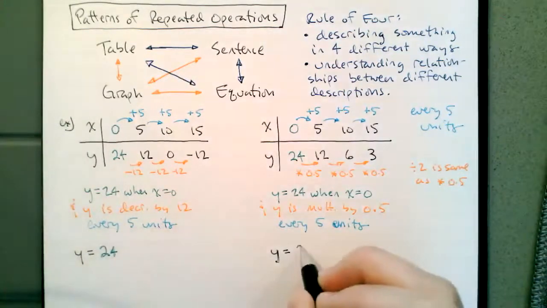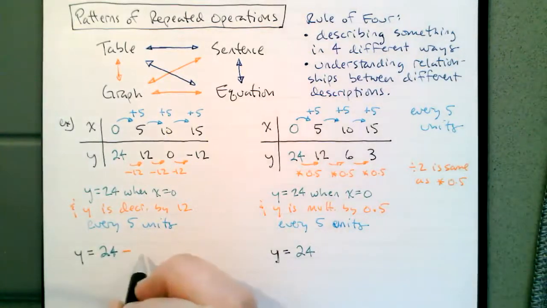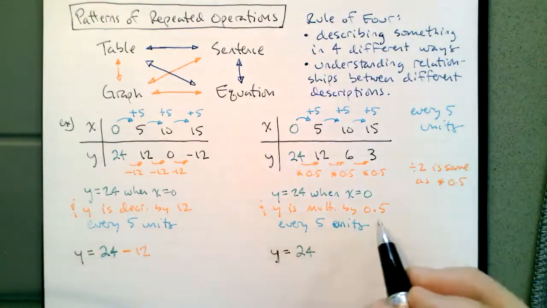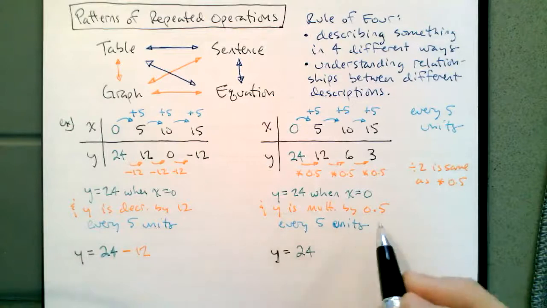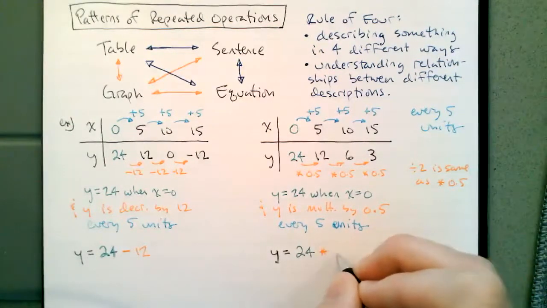So in both cases, we're going to say y starts off at 24, and then we do something to it. On the left, what we're doing is we're decreasing by 12. So let's subtract 12. Let's say decreases by 12. Whereas on the right function, we're going to say y is multiplied by 0.5. So I'm going to say multiplied by 0.5.